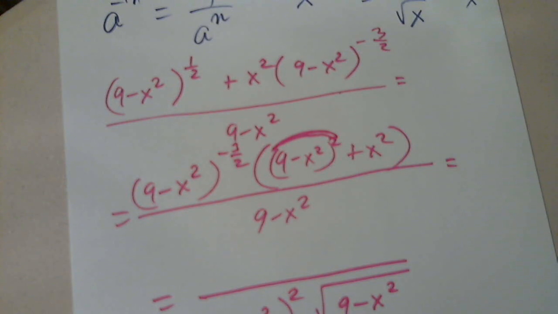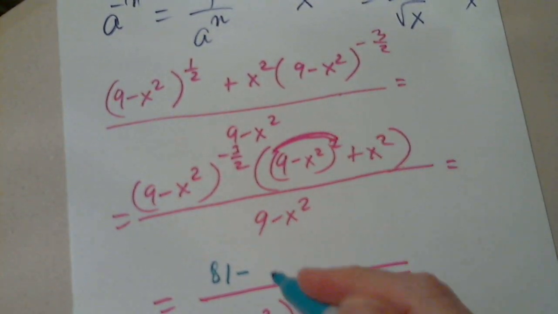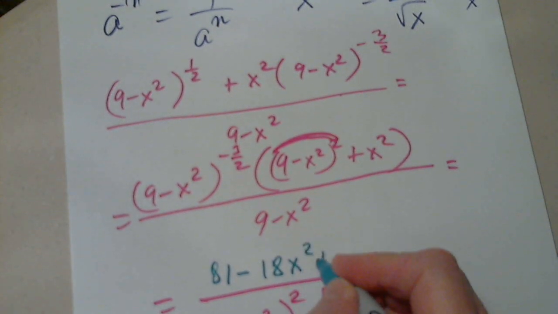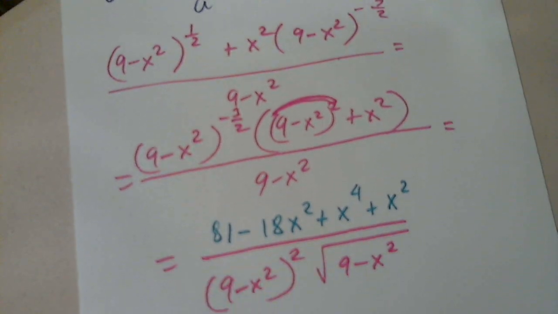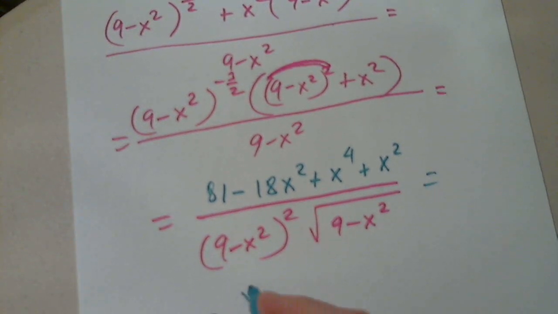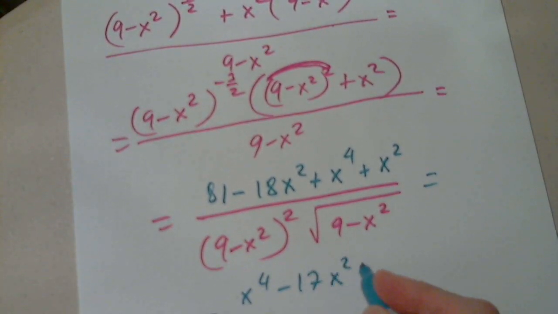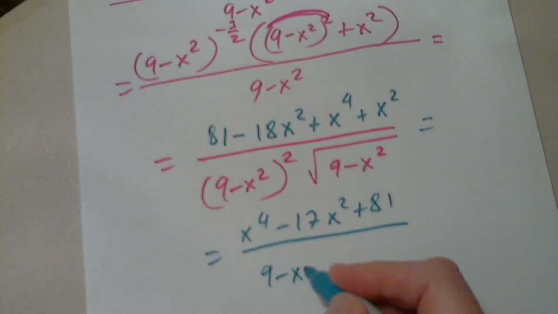You'll get a trinomial. Excellent. So we have 81 minus 2 times the first times the second, plus the second term squared, plus x squared, which will have to be combined with this. So the final form, x to the 4th minus 17x squared plus 81 over the existing denominator.